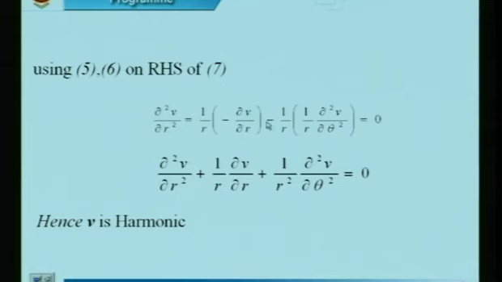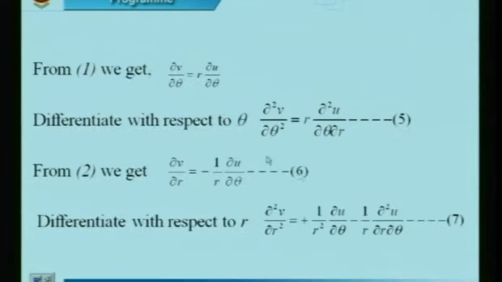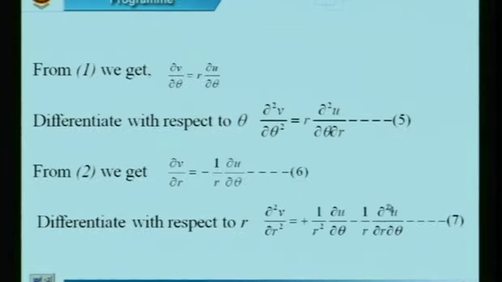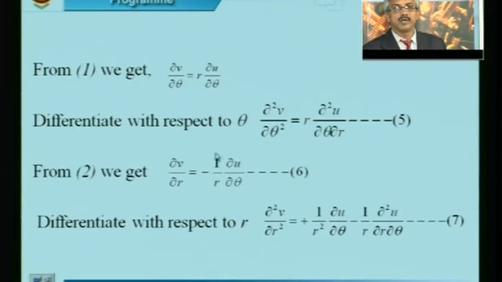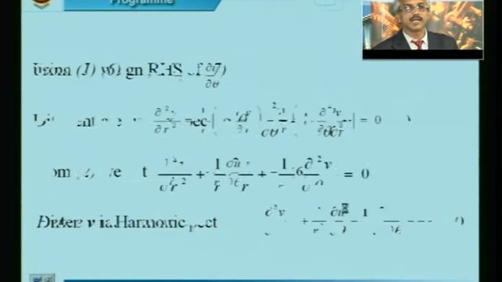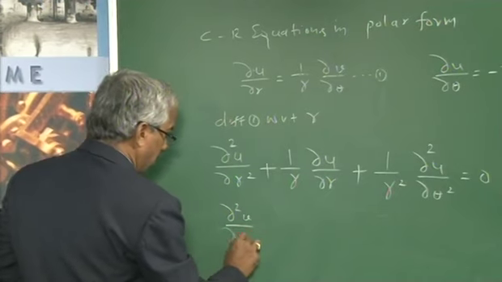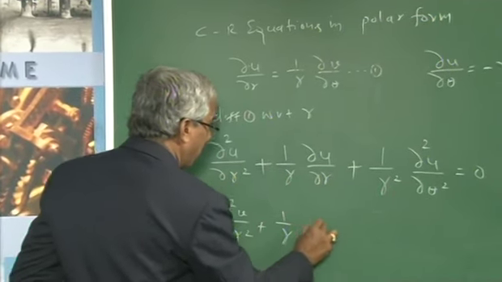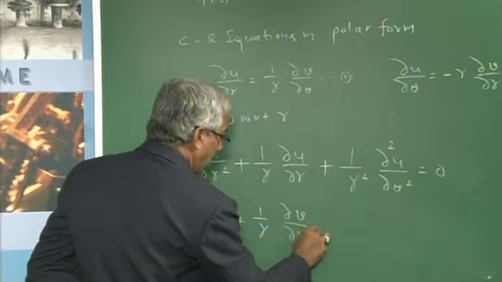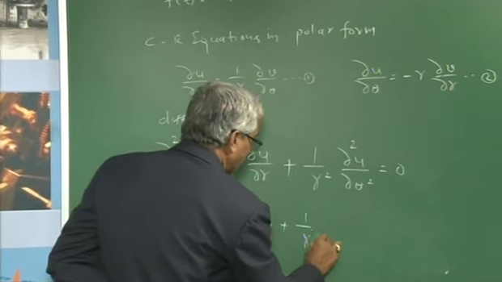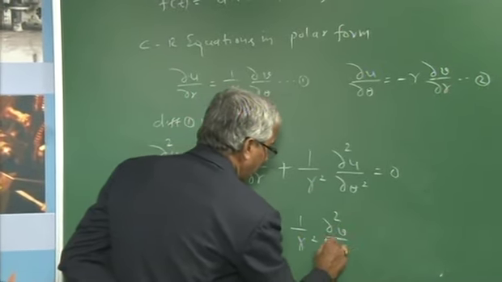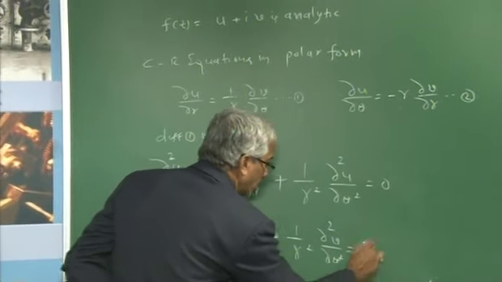Now replace dou v by dou r, as in the previous case where I replaced dou u by dou theta and dou square u by dou r dou theta using this relation, and then by the CR equation I can get that dou square v by dou r square plus 1 by r into dou v by dou r plus 1 by r square into dou square v by dou theta square is equal to 0.